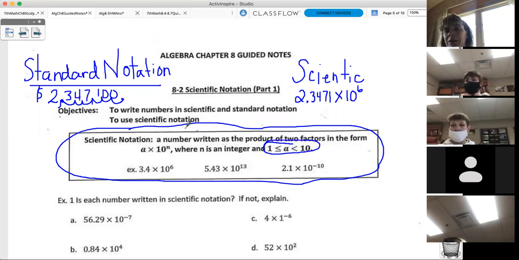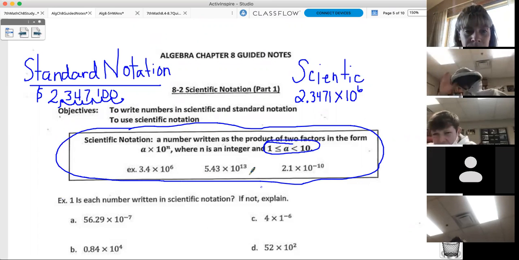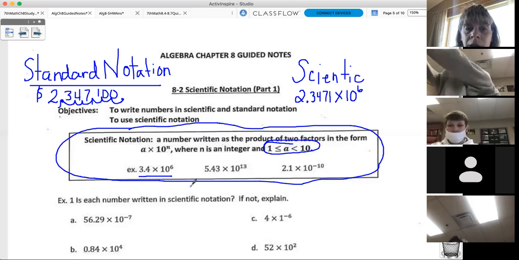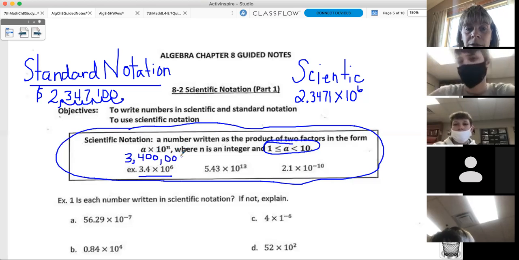It has to be between 1 and 10. And then we multiply it by a power of 10. So here we have 3.4 times 10 to the 6th. If we multiplied this out, we would get 3,400,000. So that's a standard equivalent.